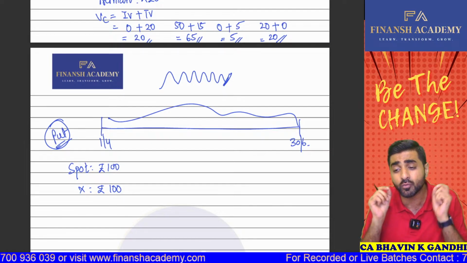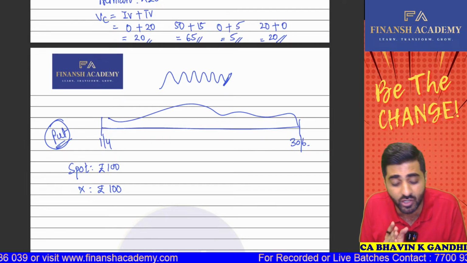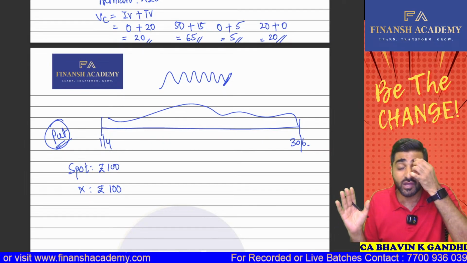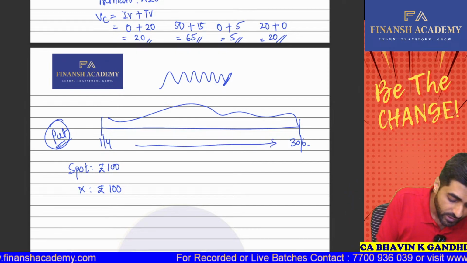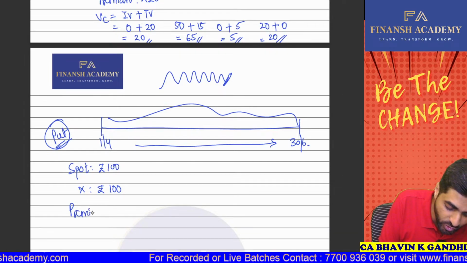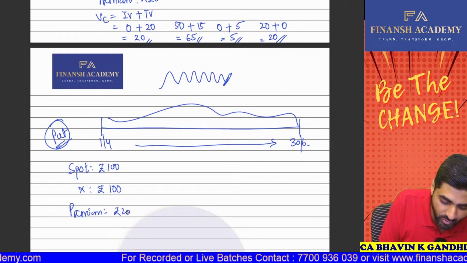It means you have a right to sell this particular contract for 100 rupees, but of course there is still 30th of June. So basically there is some premium which we need to pay. Let's say the premium is 20 rupees.